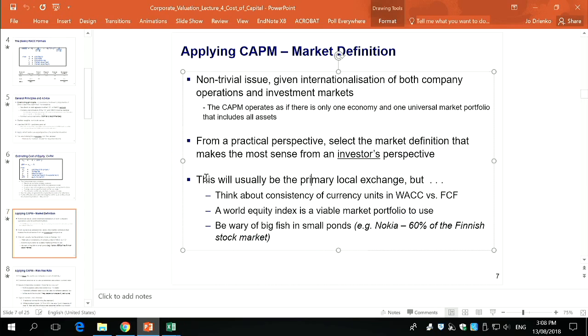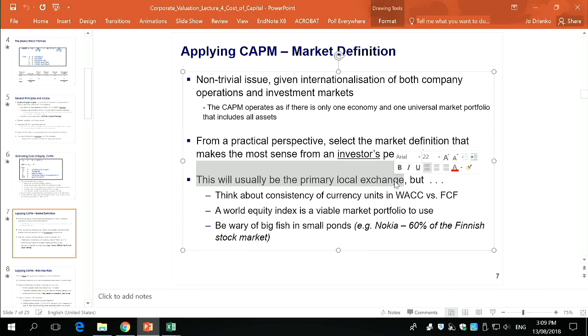Usually the natural reaction is to use the local exchange, the ASX 200, but I can show you a few examples where this is absolutely incorrect. Think about the consistency of currency. Remember, we have to be consistent, like I said on slide 3, that the WACC and the cash flow have to be in the same currency.